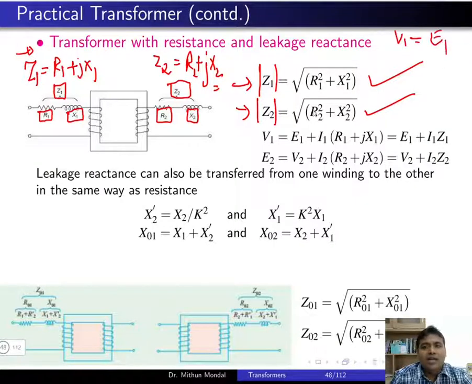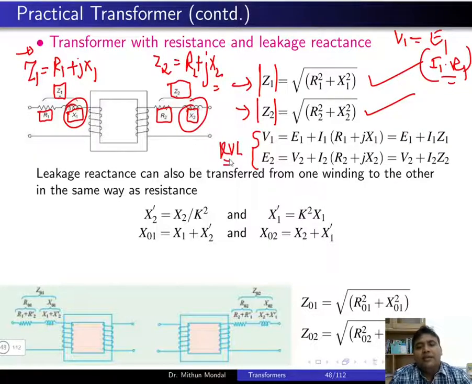So this is under the ideal transformer. Then we added a loss in the transformer due to I1 into R1. Right now, there will be a loss due to the reactances X1 and X2 that will change the KVL equation on both the primary side and the secondary side of the transformer.